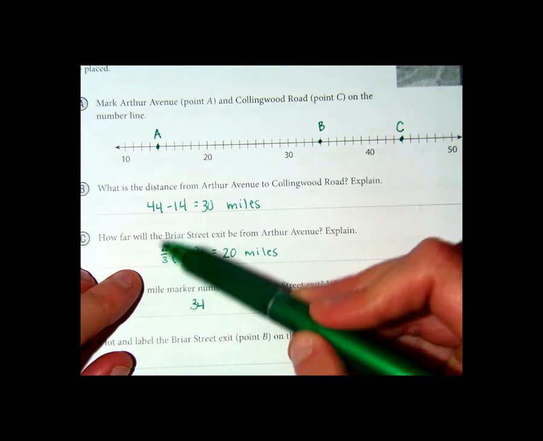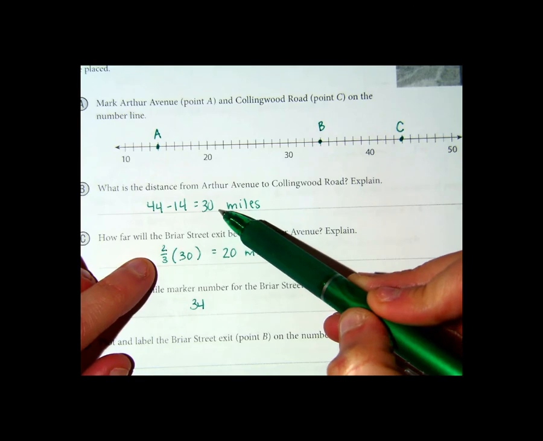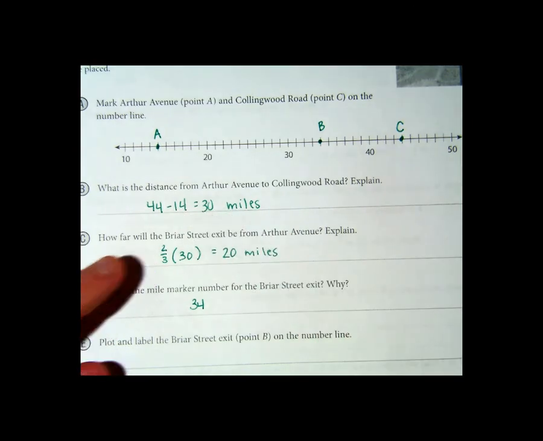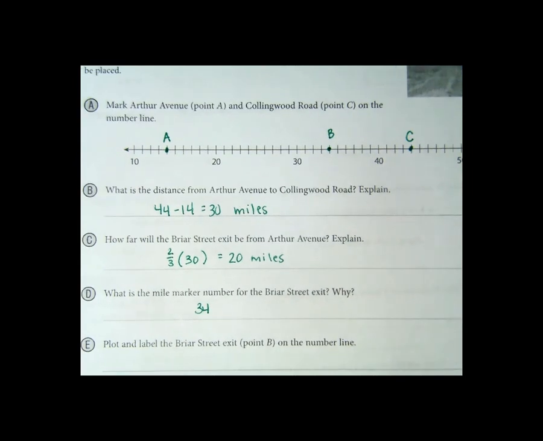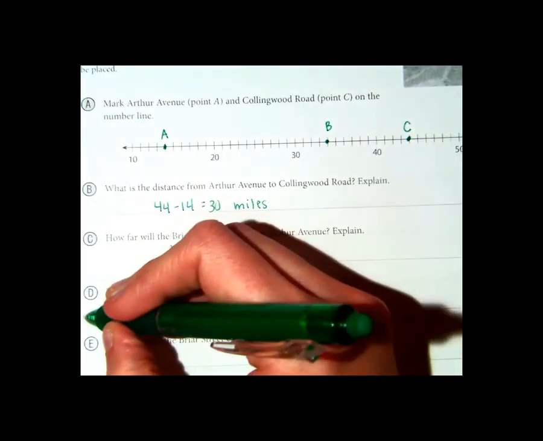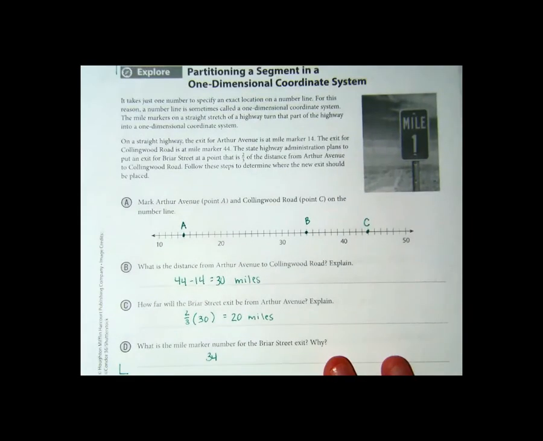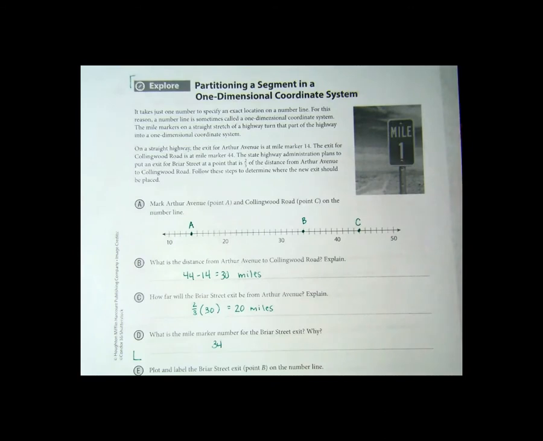It's 2/3 the distance times whatever the distance is plus the original number. That's what the formula is. I like doing it on a graph better, and I'm going to show you both. I want you to cut from the word explore all the way down to letter D. So we can put this in our notebook.